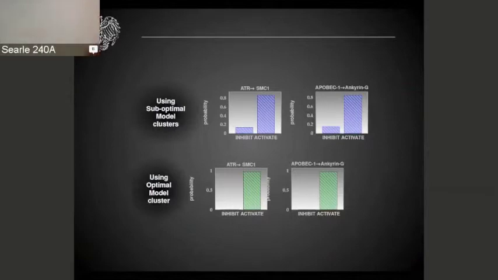Since we have a notion of how well a particular expression profile supports the initial network or the optimized network, we can remove the conflicts by increasing the weight on those situations where that deviation is low.